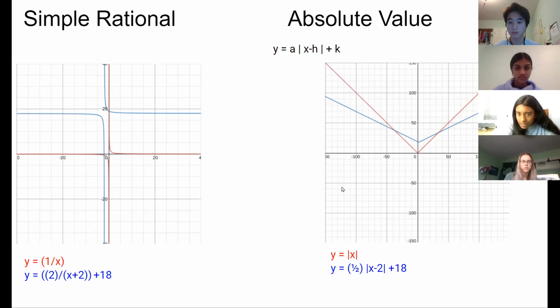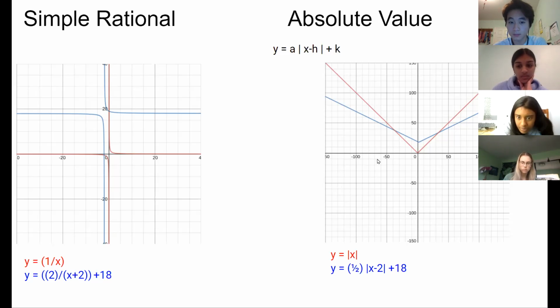Here we can see that this blue graph is a wider V. It's wider than the parent function, and that's because of this 1/2 on the outside. The 1/2 tells you the slope of each line, and then x minus 2 tells you to translate it sideways, and then plus 18 tells you to translate it upward.